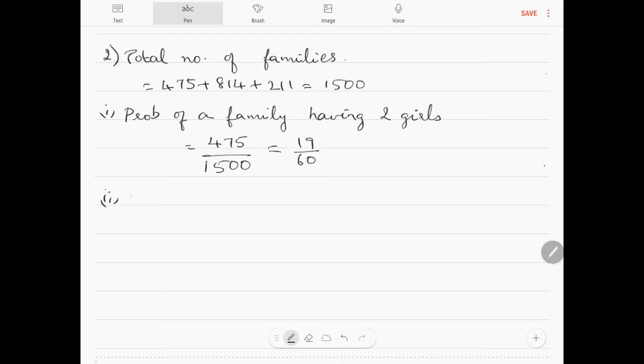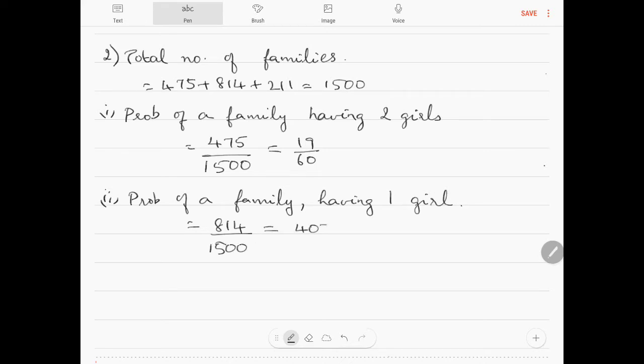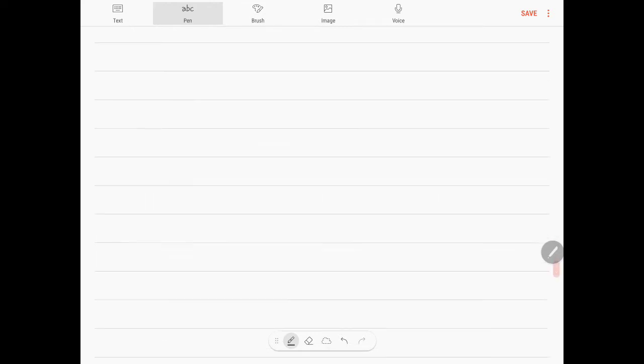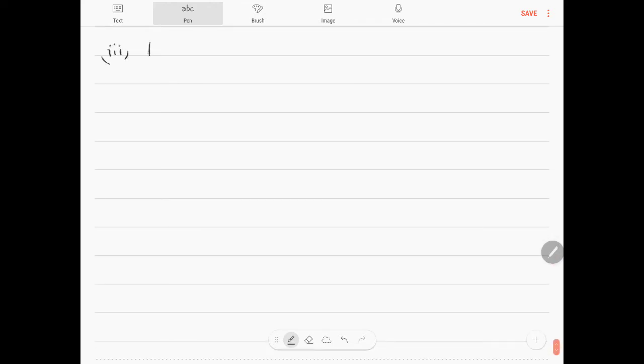Number 2, probability of a family having 1 girl will be, from the table, 814 divided by total number of families 1500, which is equal to 407 by 750. Number 3, probability of a family having no girl will be 211 divided by 1500.